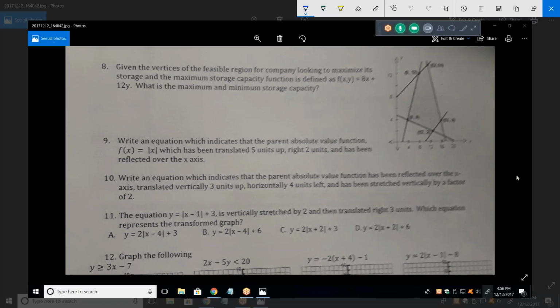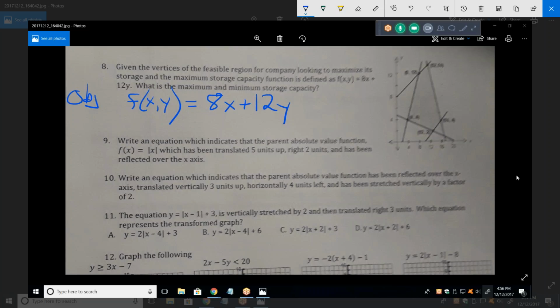All right. We have a feasible region over here that's in gray. And we have an objective function that is f of x and y, and what that means is we have a function where we're going to have both x and y on the other side. There's our objective function. And that's what it's called.